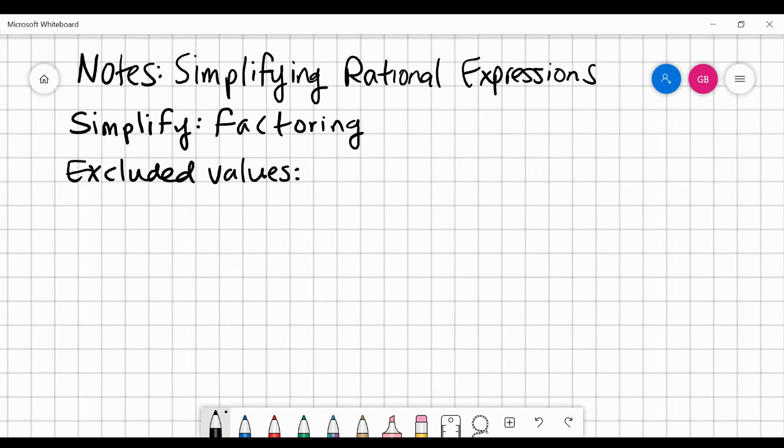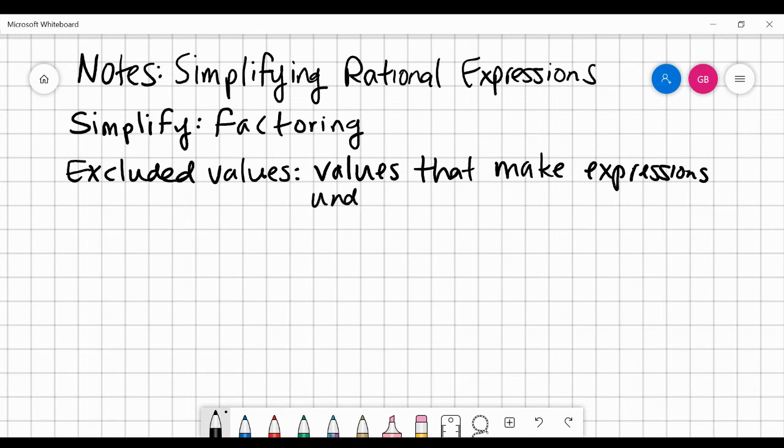These values are the ones that make the expressions undefined. And I'll show you some examples of those in a bit.